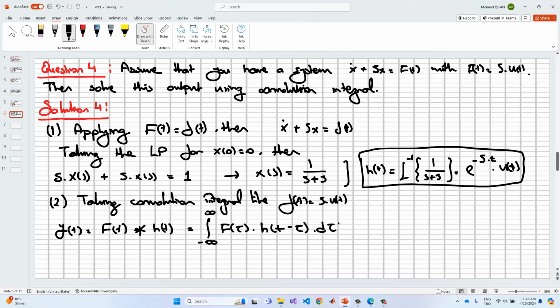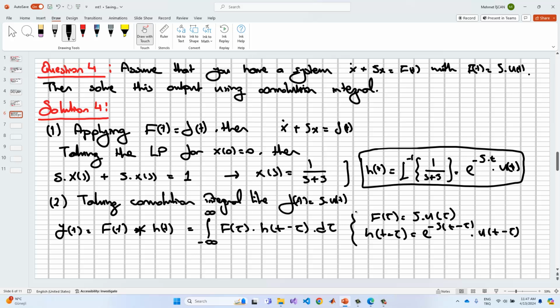Okay, where f tau is equal to 5u tau, and ht minus tau is equal to e^(-5(t-tau)) times u(t-tau).